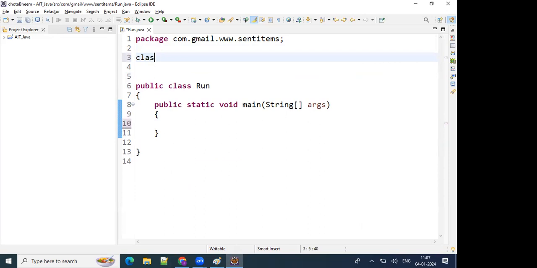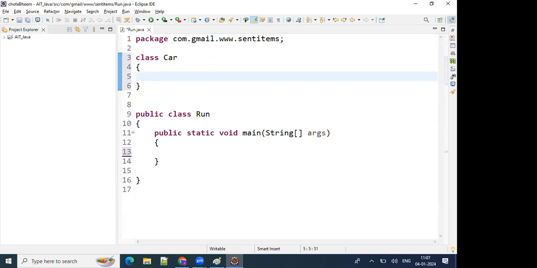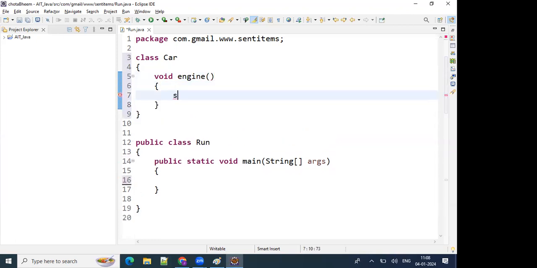I'll take a class, a car manufacturing company. A basic car requires what features? Void engine, the car engine. Engine means gear, everything.